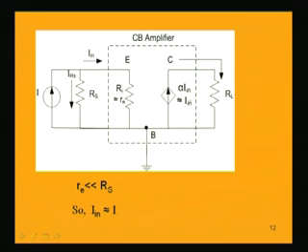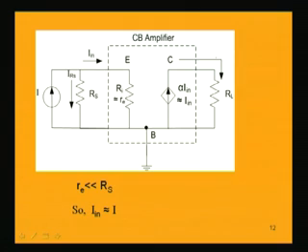So alpha times IN is the current here at this current source, and almost this is equal to IN, because alpha is almost equal to 1. So what we get is that this current IN is the same as current I, because all the current is passing through this Re. So I in equals I.